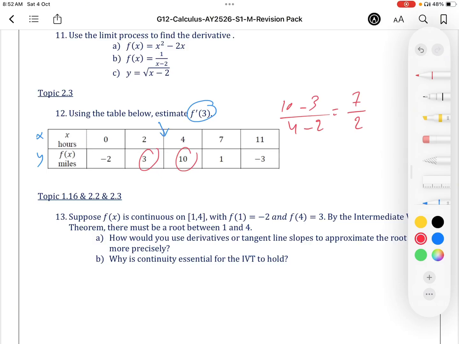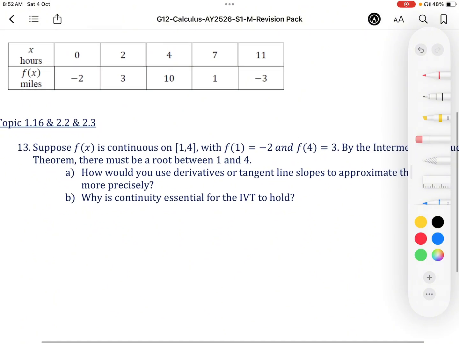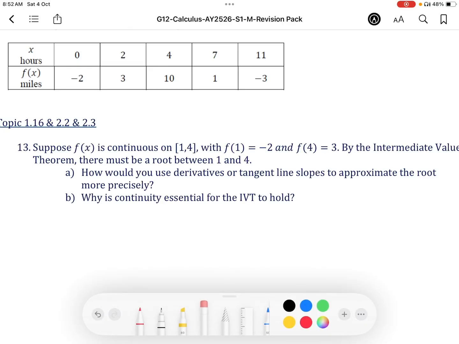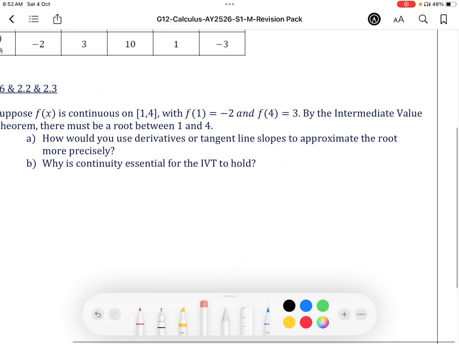The last question. Suppose f(x) continuous, IVT theorem. How would you use the derivative or tangent line slope to approximate the root more precisely? I'll tell you the story about this.